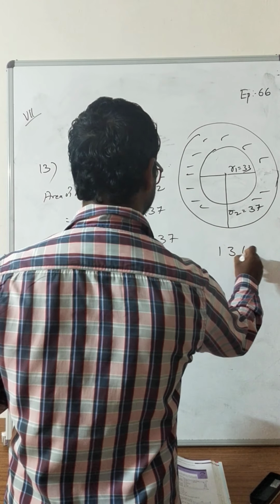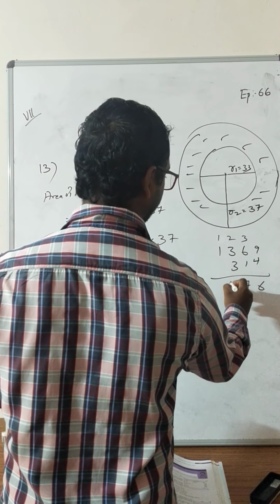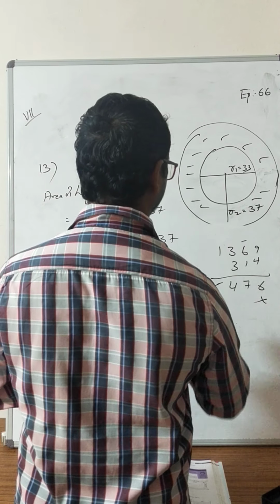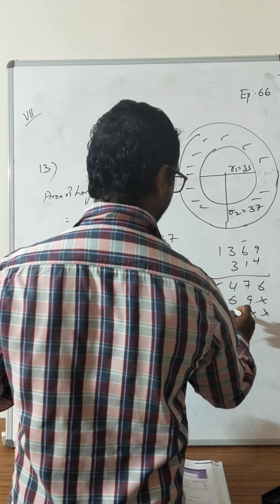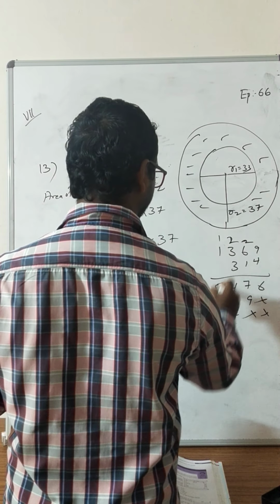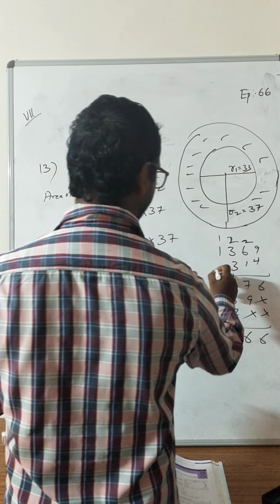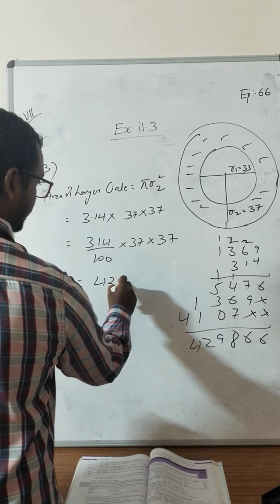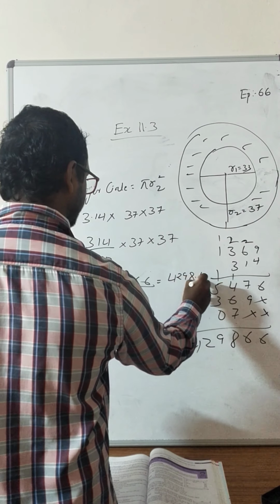So 1369 multiplied with 314, divided by 100, can be written as 4298.66.